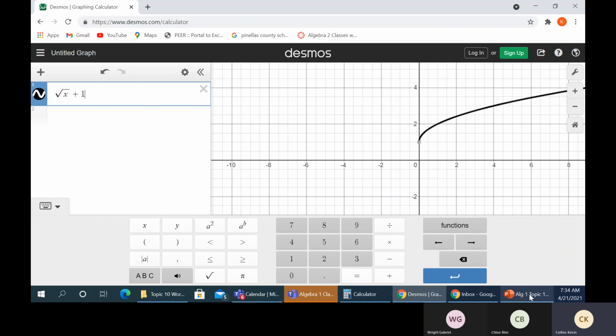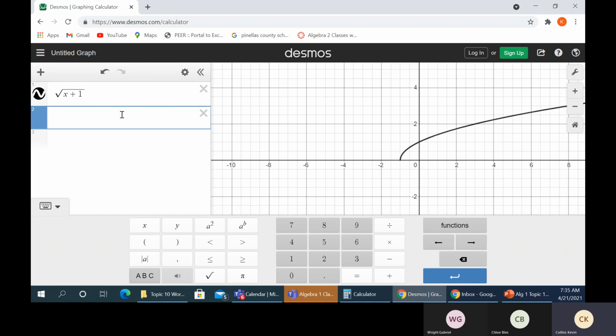Now notice that's different. That's not what we want. That's actually moving the graph up. We want this guy to stay underneath here. There we go. That moves us back 1. So notice if it's under the square root, it moved us back 1. If it's outside the square root, it moved us up 1. So that's a key difference there.